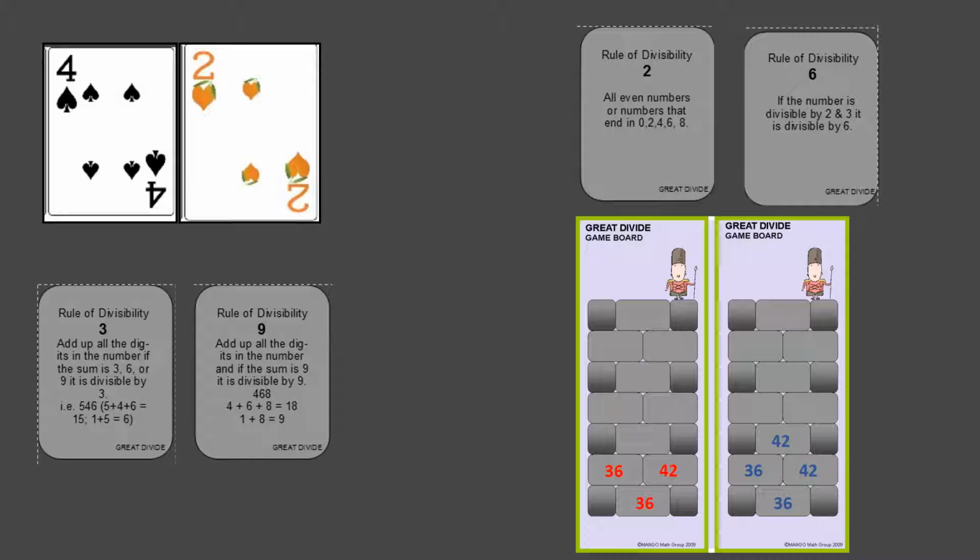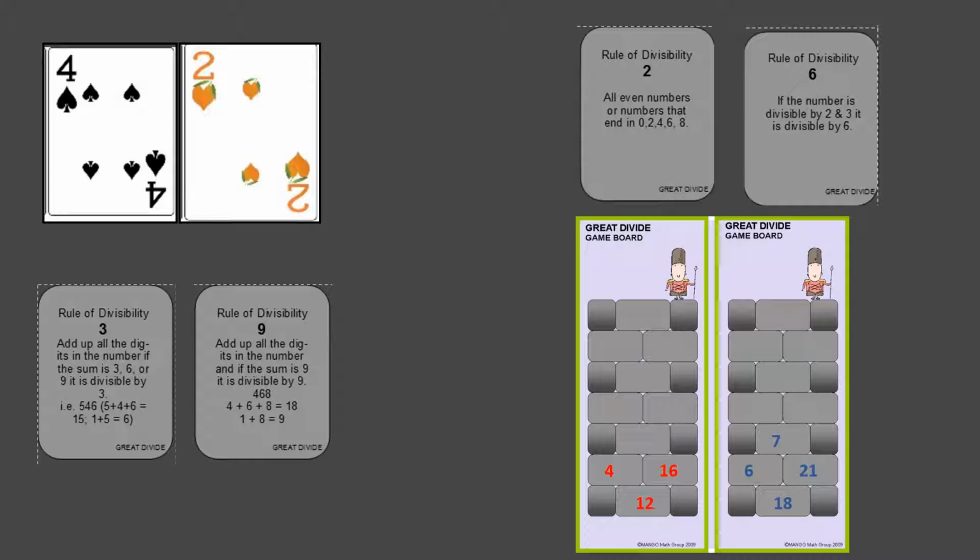Now, to make it a little more challenging, I suggest having the students, instead of writing the number of the cards that were drawn, actually write the other number in their problem. So 3 into 36 would have gone 12 times. 9 into 36 would have gone 4. 3 goes into 42 14 times.